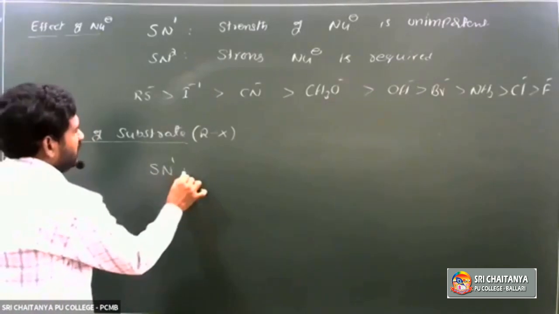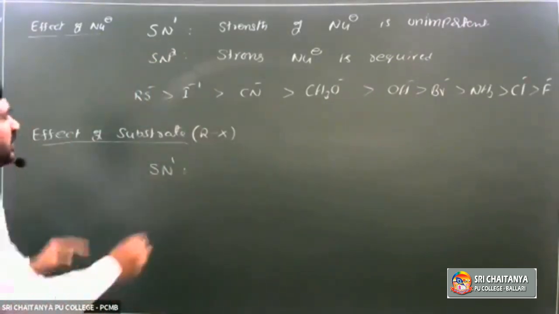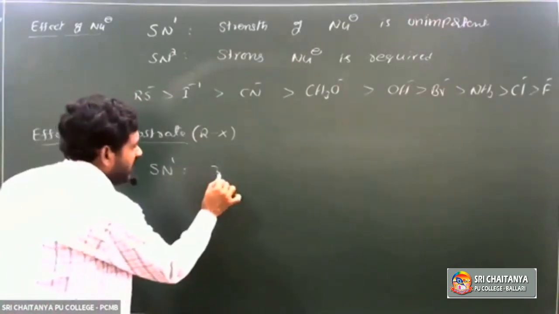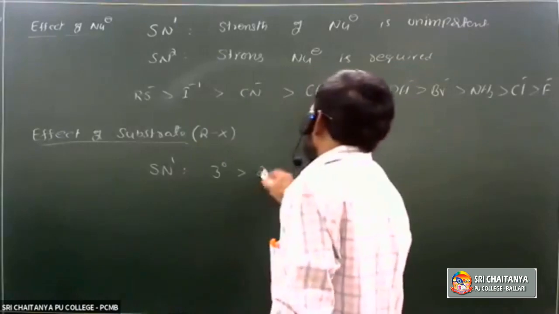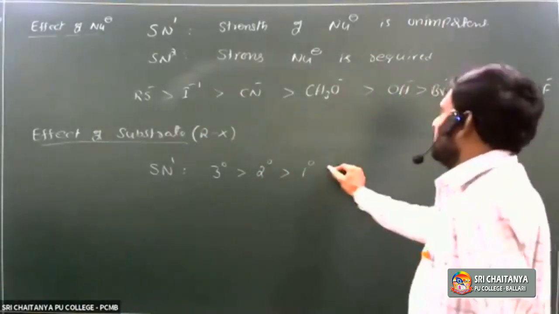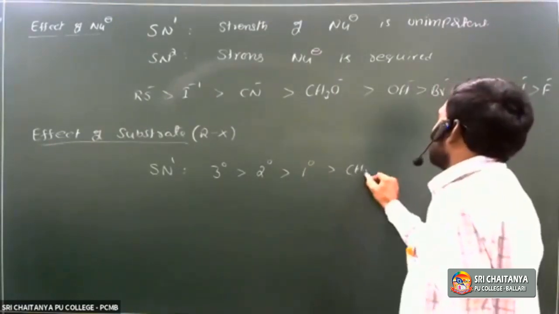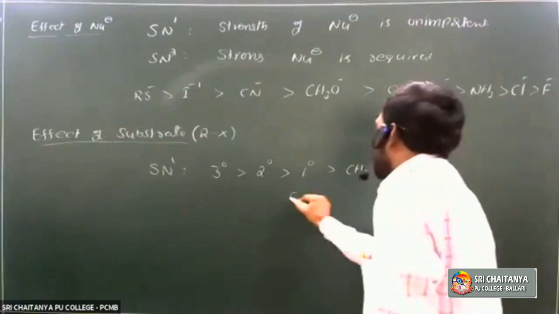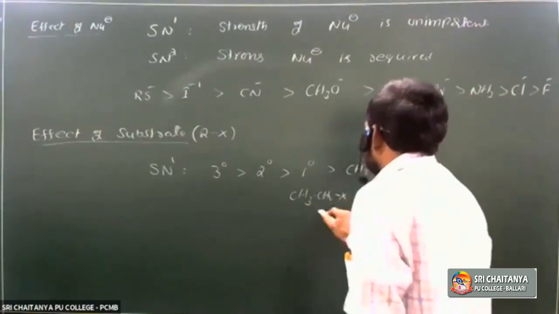In case of SN1 reaction, tertiary alkyl halides are more reactive towards SN1 reaction than secondary alkyl halides, than primary. Primary means methyl halide or ethyl halide, CH3CH2X, which is also primary.